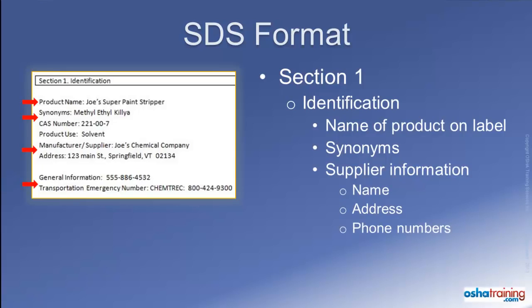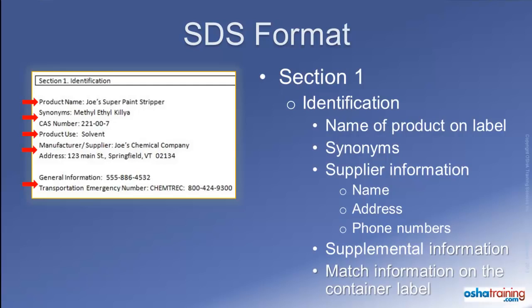And on some safety data sheets you may see supplemental information about the product, such as the intended use for the product, directions for its use, and possibly an expiration date. All this information must match that appearing on the container label.